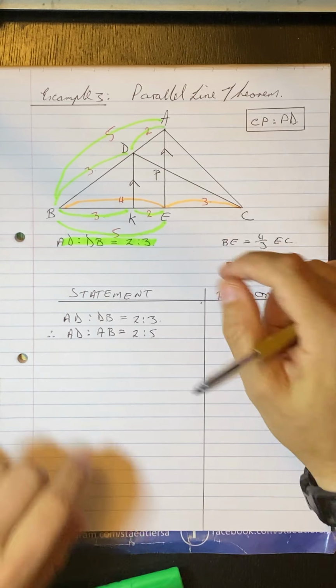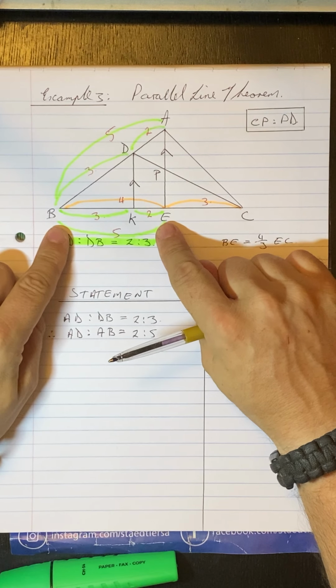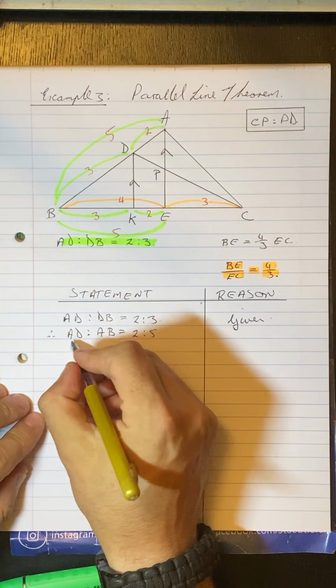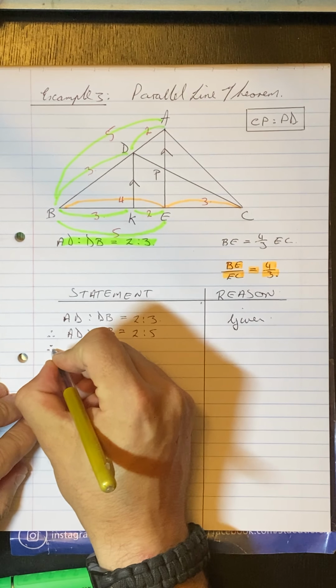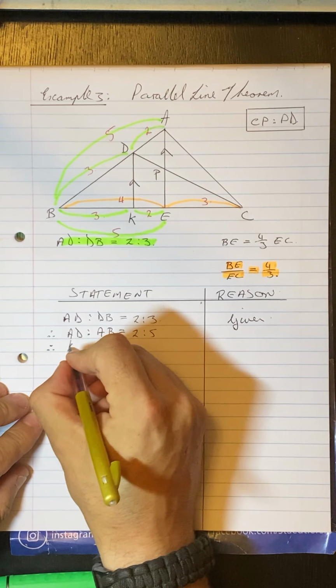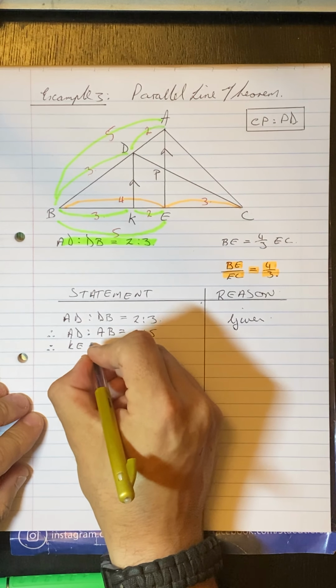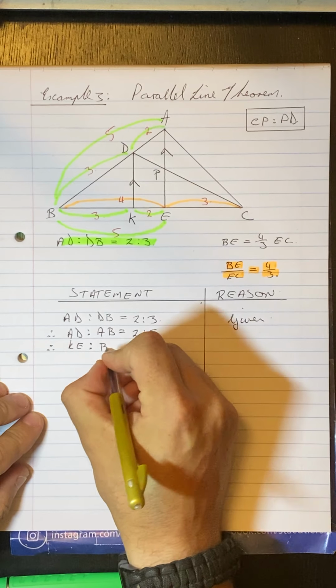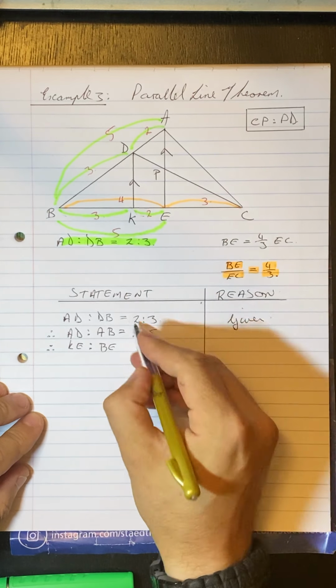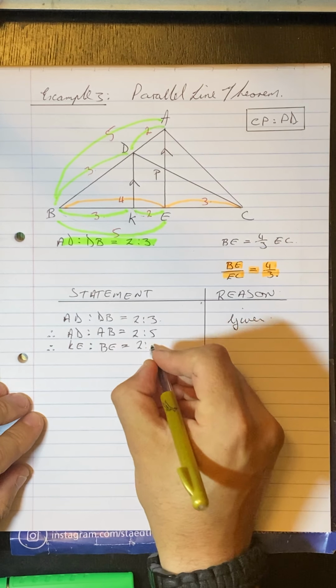What I'm doing is filling in what I've done already. So that means, therefore, we get KE to BE is also 2 to 5.